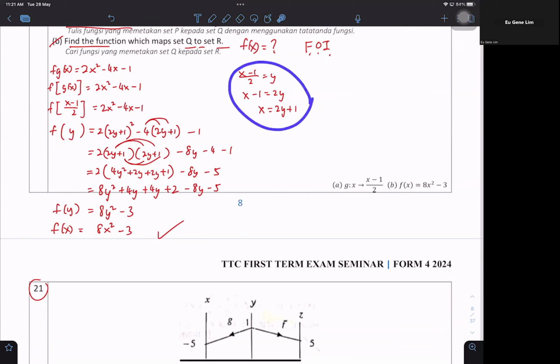You do a bit of y, inverse, and then in the end, you change the y to x, right? So it looks like how we do inverse. That's why we call it inverse. So that's how you do foil. This is how you do foil. Understand?